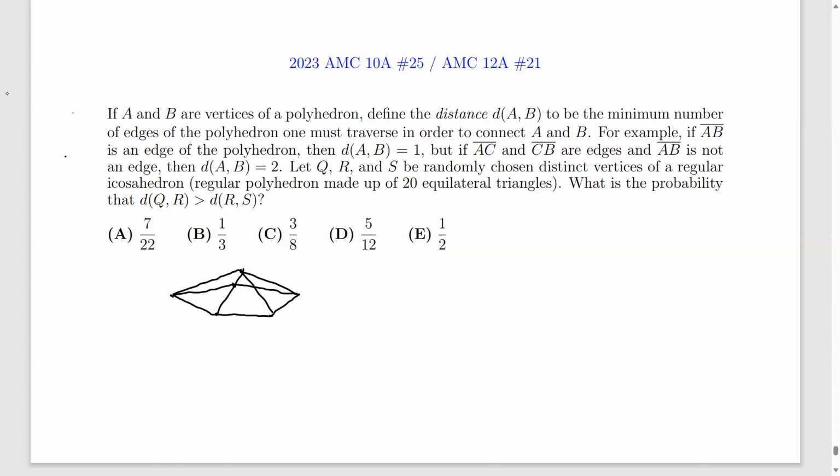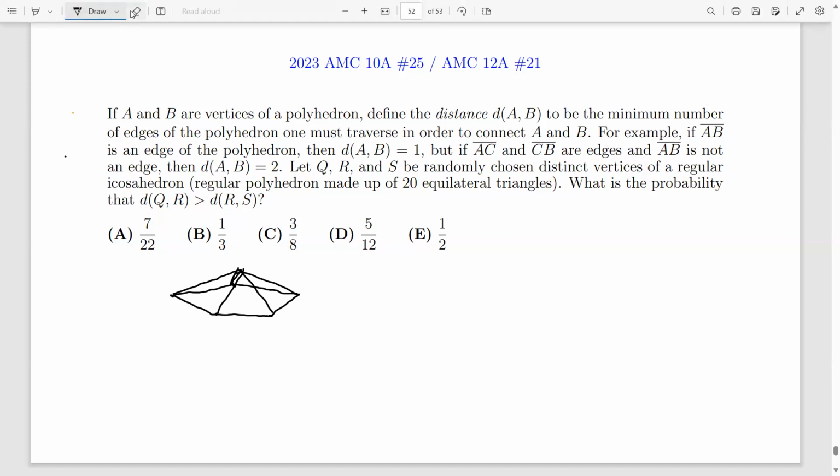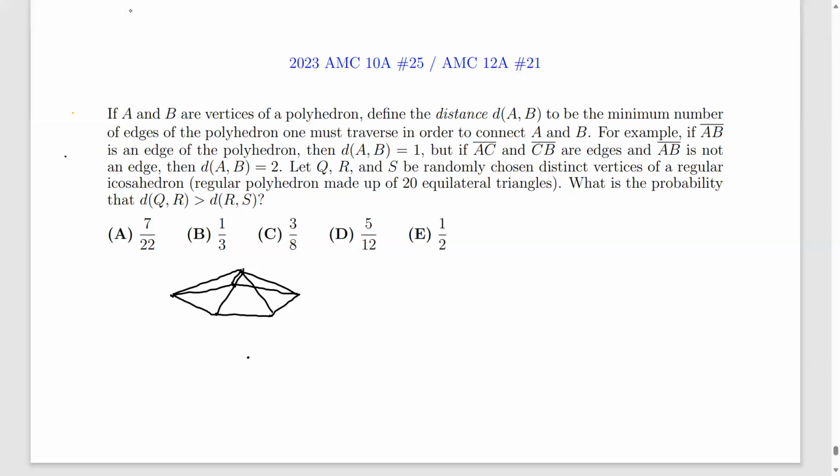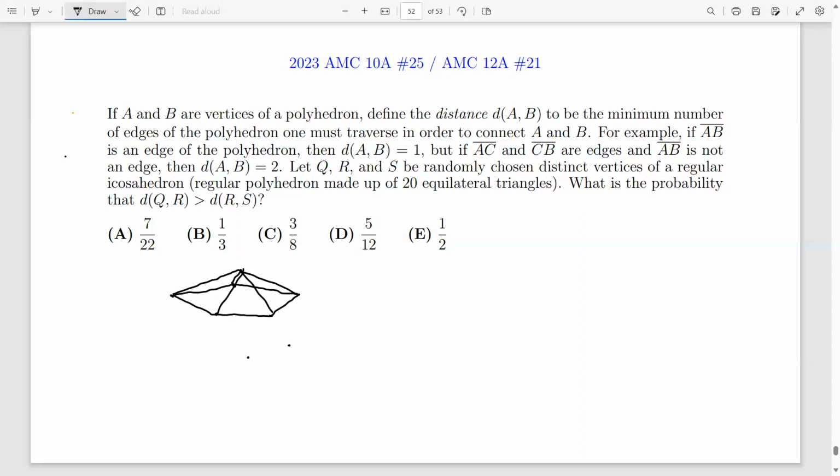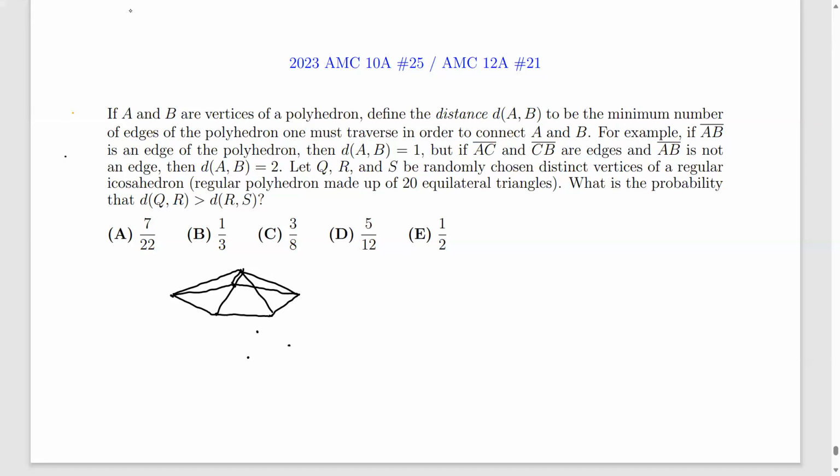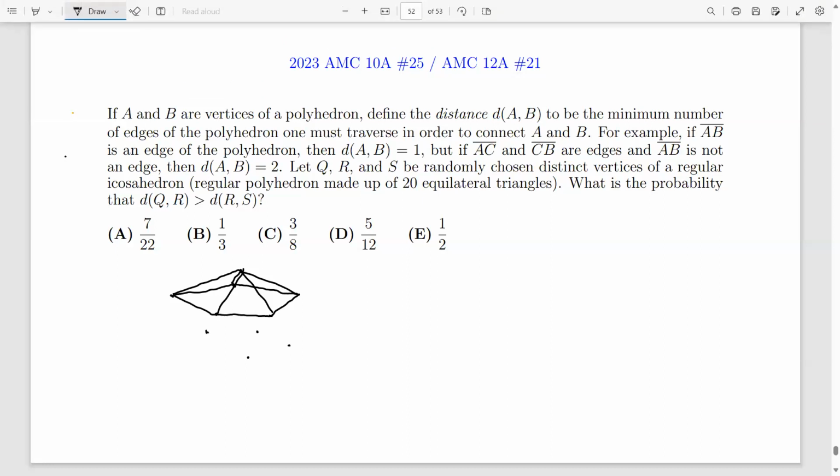And these are also the vertices that are distance 1 away from the top vertex that we drew first. Now the vertices that are distance 2 away are also going to form a regular pentagon, but slightly rotated. So something like this.